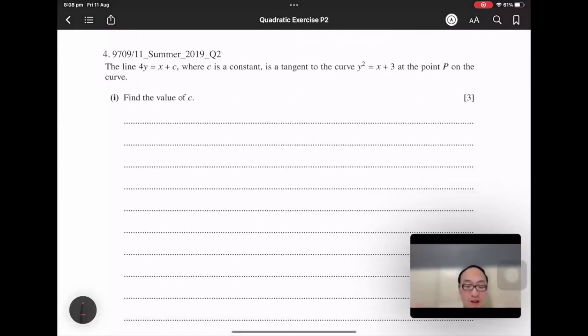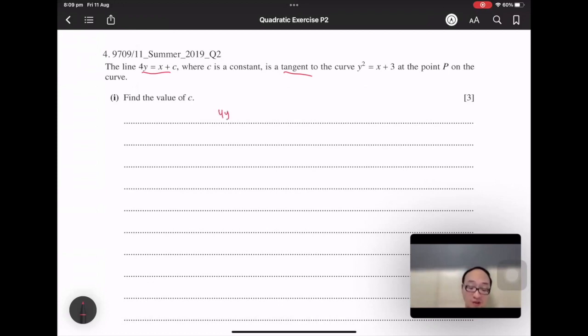The line y equals x plus c is the tangent. Find the value of c. So I have to combine the function of the line and the function of the curve.